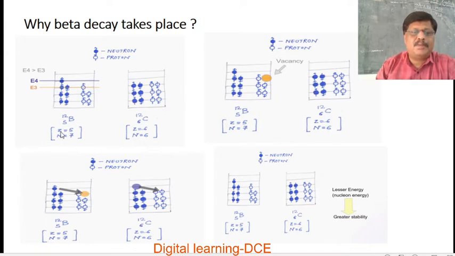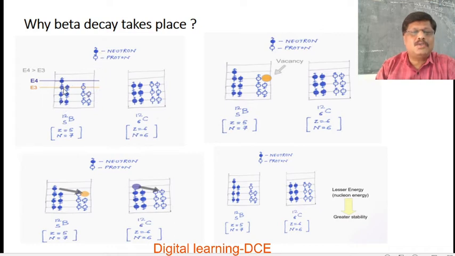So this is the example for boron-12. The number of protons is 5. 12 minus 5 gives the number of neutrons, that is 7. In the boron atom, the number of neutrons is greater than the number of protons.